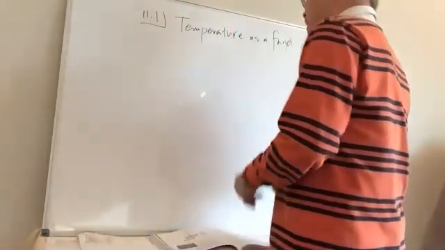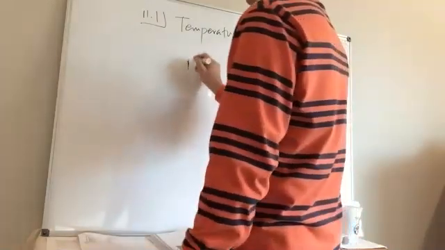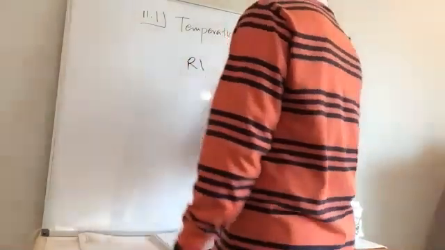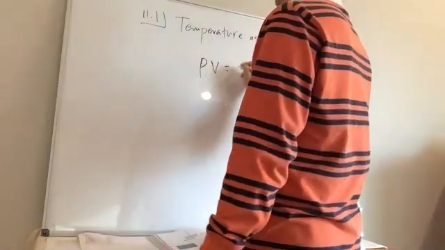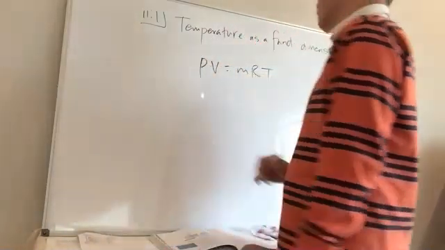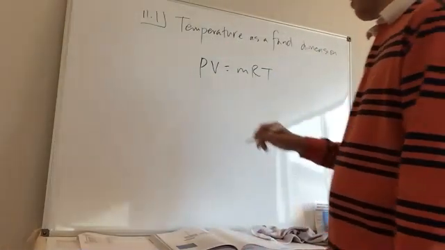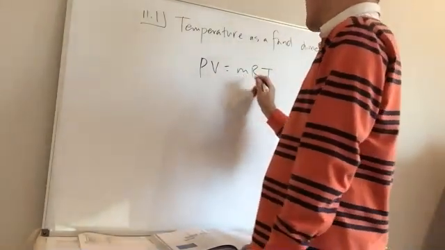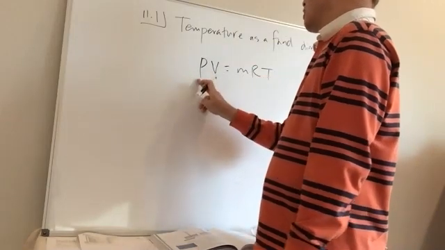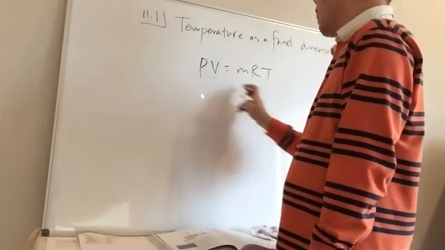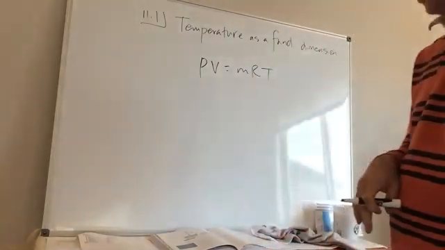Depending on your reader, sometimes it'll say PV equals nRT, but your book prefers PV equals mRT, where m is the mass, R is the ideal gas constant, and P, V, and T are pressure, volume, and temperature.